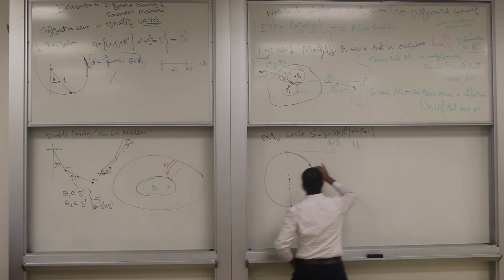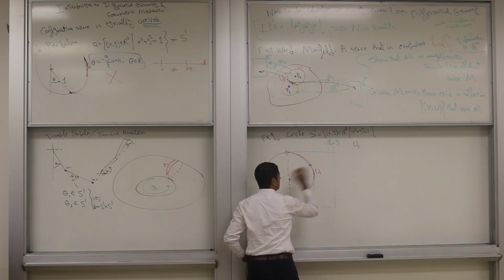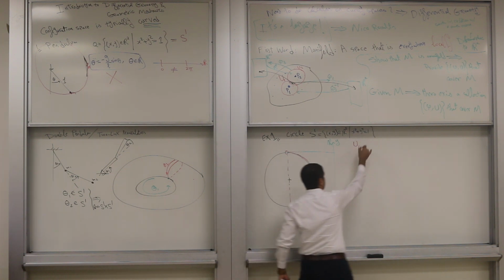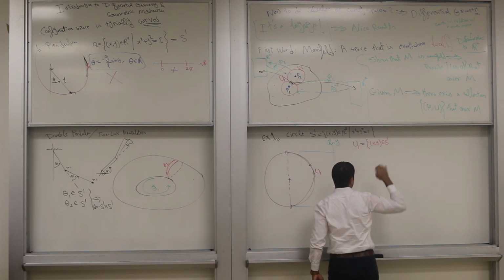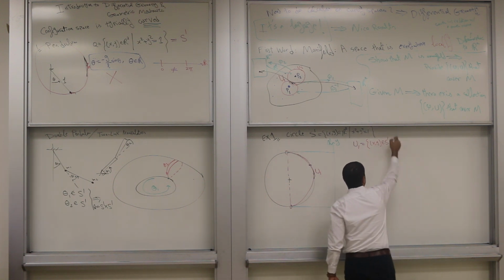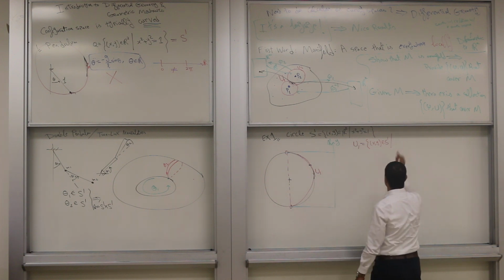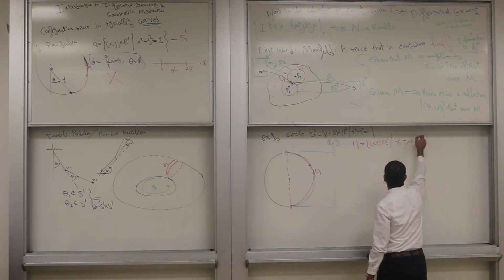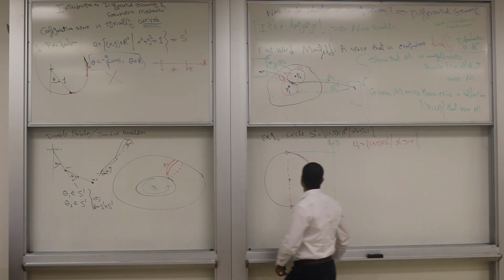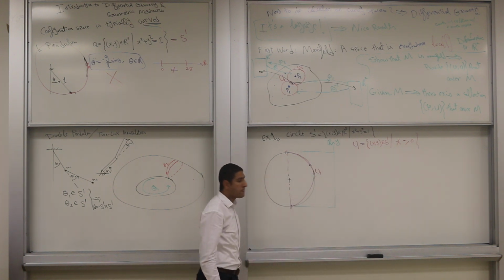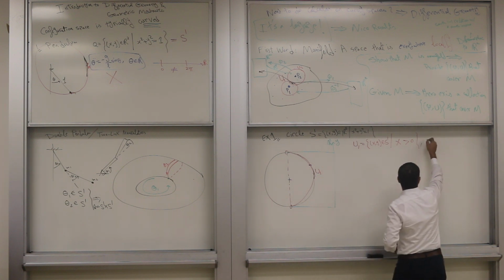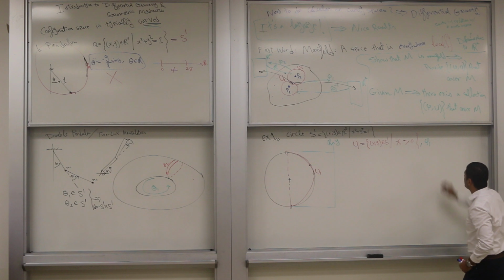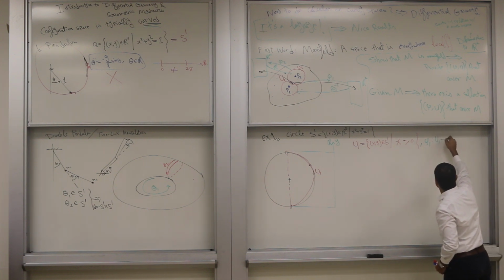So my U1, this is U1, okay, is what? It is every x and y on your manifold or potential manifold such that, well, I'm taking the x positive part, right? And my phi1 should map U1 to the real line.